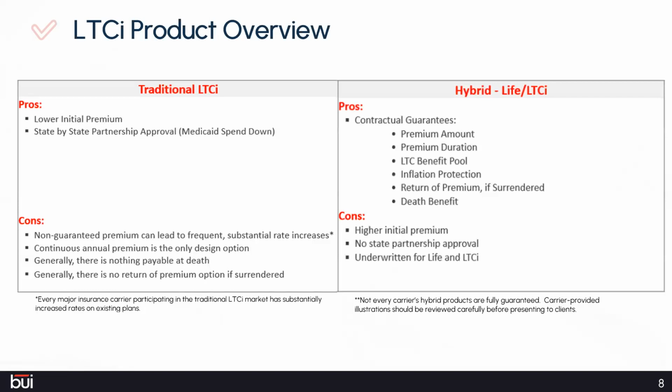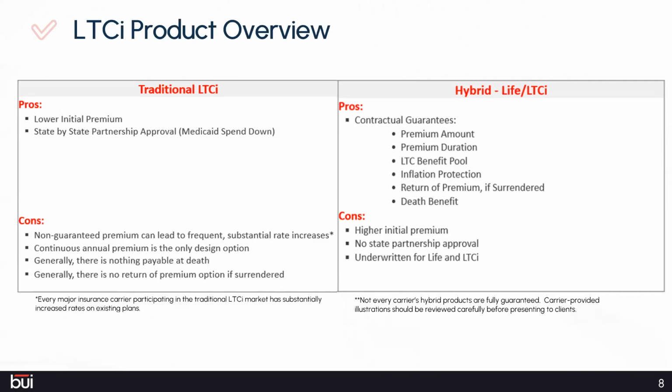Hybrid plans are, generally speaking, life insurance policies with long-term care insurance riders, but make no mistake, the motivator for purchase on these plans is the robust long-term care benefits. The most popular plans in the market today offer robust guarantees: guaranteed premium amount, guaranteed premium duration, guaranteed long-term care benefit pool, guaranteed inflation protection, guaranteed return of premium options at surrender, and a guaranteed death benefit. The cons with these products are that they are initially a higher premium.